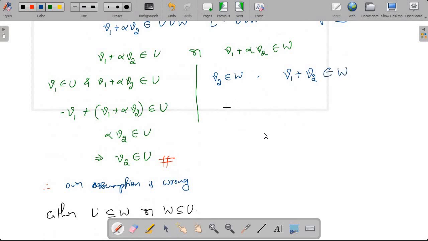Now what do we do? You just multiply the first expression by minus 1. So minus 1 into V2 plus V1 plus V2. Since W is a subspace, their sum belongs to W, right? Now you can cancel and finally you end up with V1. Now V1 belongs to W. But how did we choose this V1?